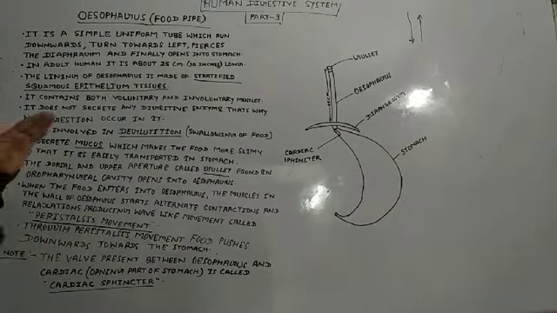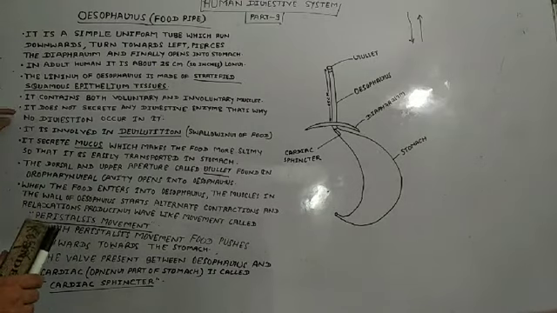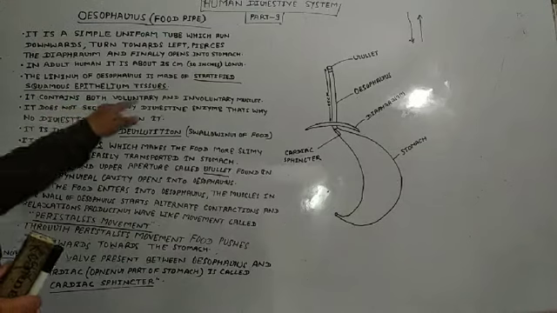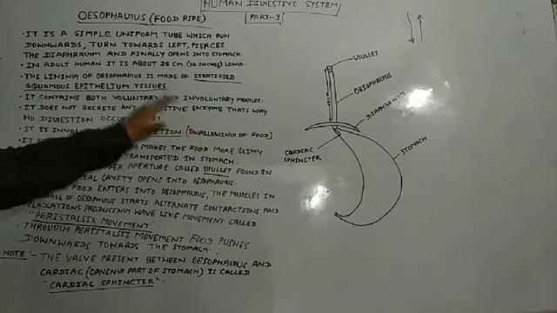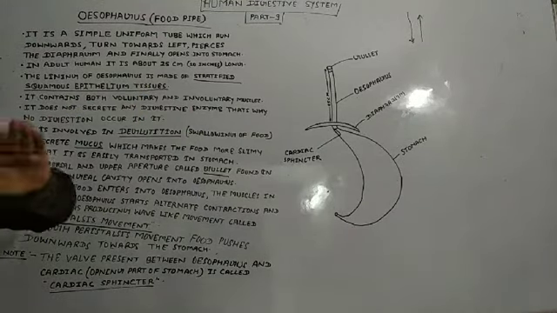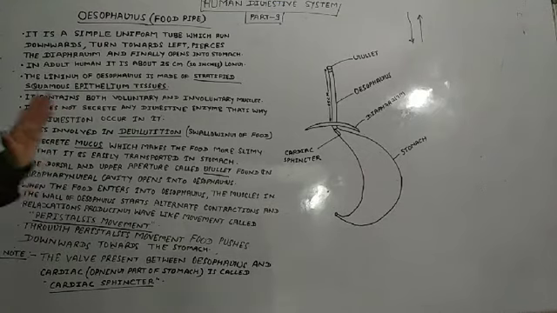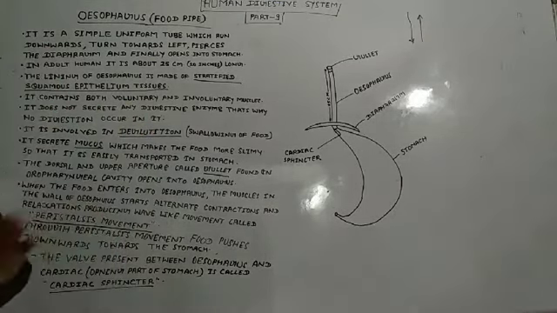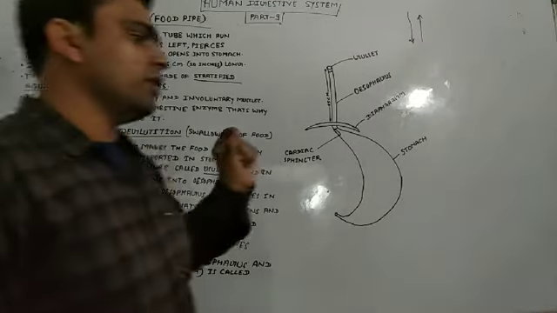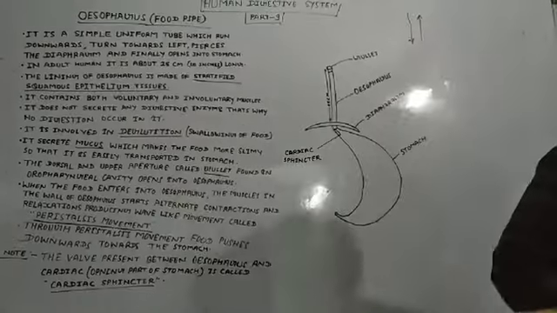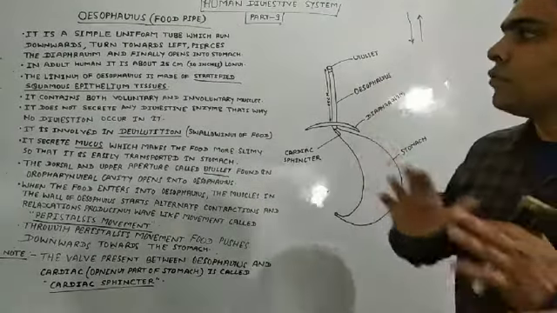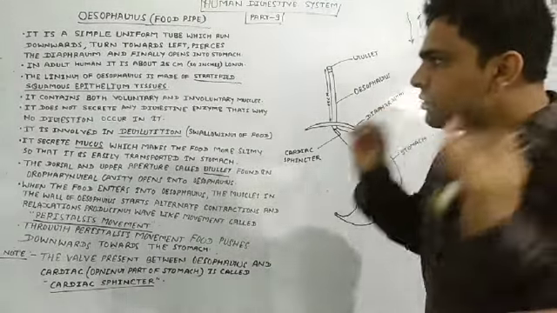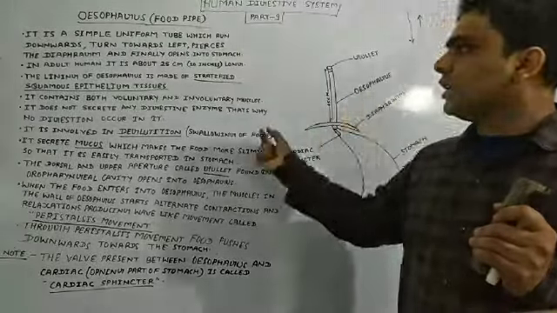But here I have written that the esophagus does not secrete any digestive enzymes because it does not have any digestive gland. So it is very much clear that if there is no digestive enzyme, no digestion occurs in the esophagus. Students, remember that the esophagus does not play a role in digestion.